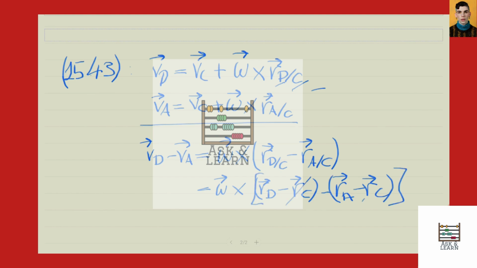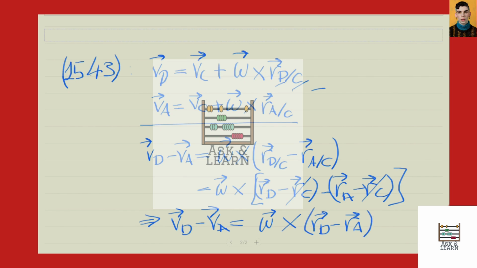Hope this is clear, and we get the vector difference of velocities from point D to point A equals the cross product of the angular velocity with this difference of the position vectors of points D and A.